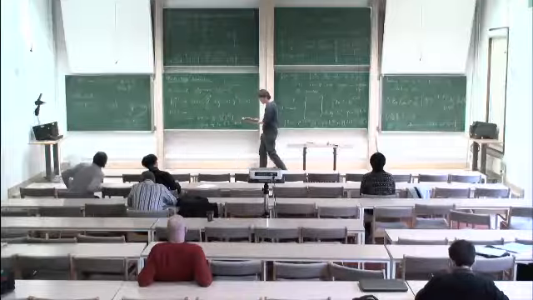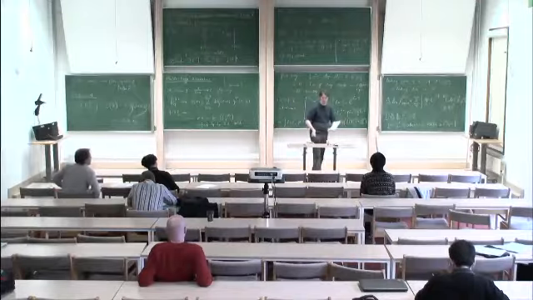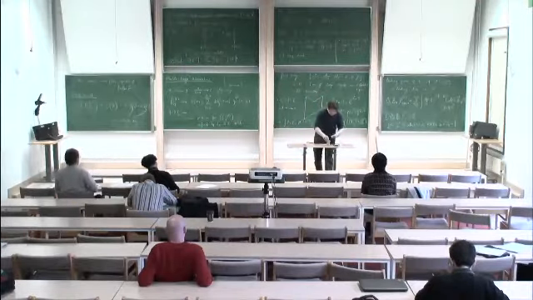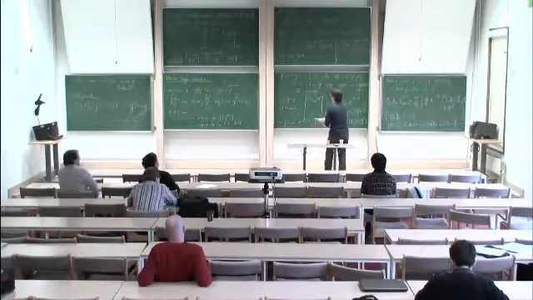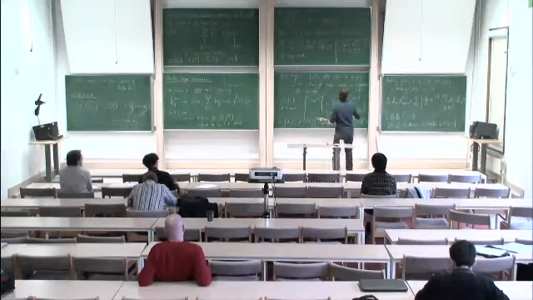So maybe it's worth just saying a couple of minutes of something about the next to MHV, so that was for MHV. What happens for the next to MHV ratio function?